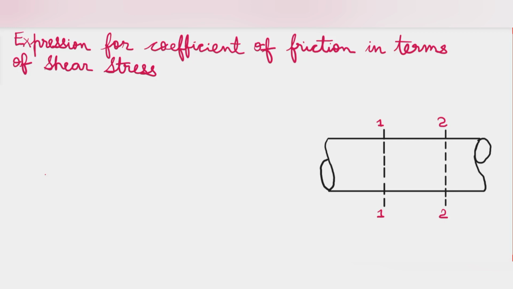P1 is the pressure intensity at section 1-1, V1 is the velocity of flow at section 1-1, L is the length of pipe between sections 1-1 and 2-2, D is the diameter of the pipe, F dash is the frictional resistance per unit wetted area per unit velocity, and HF is the loss of head due to friction.